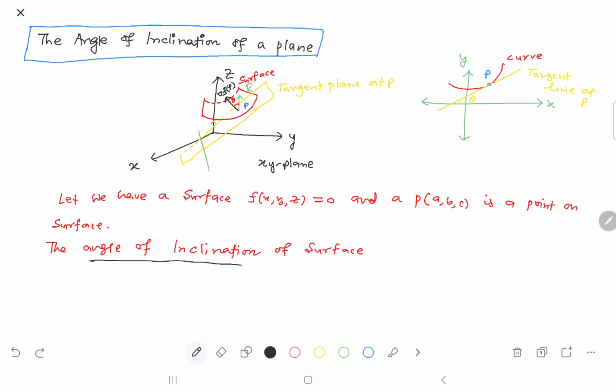The angle of inclination of the surface at the point P is the angle between the gradient vector of f at the point (a, b, c) and the k cap. This is the term they will use.